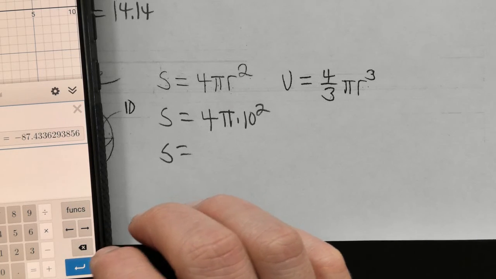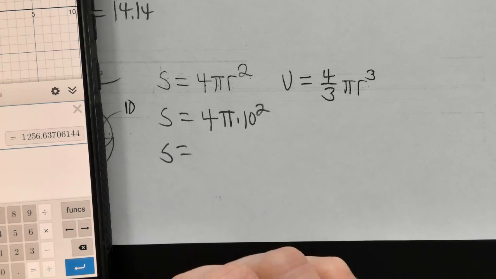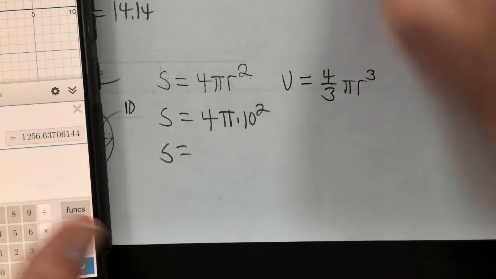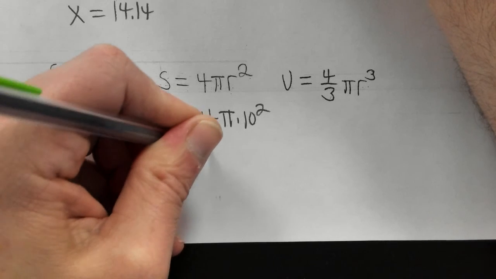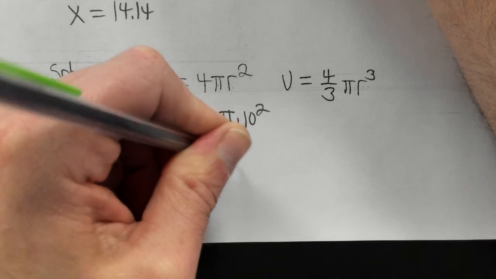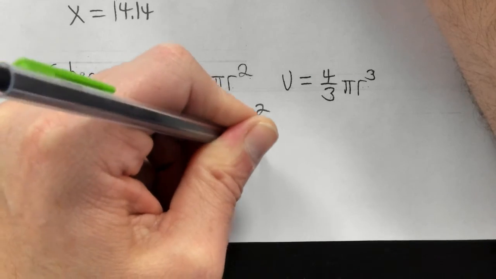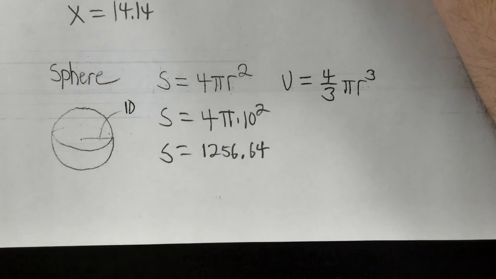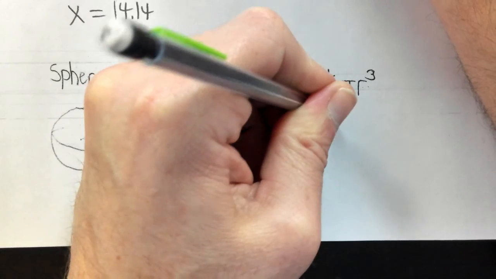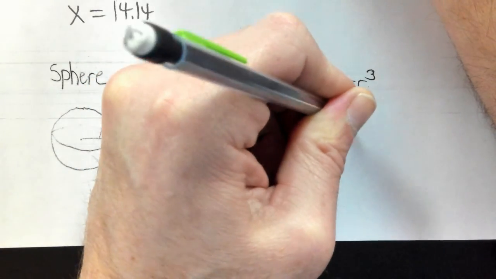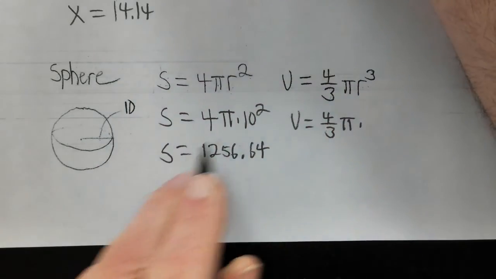Oops, hit the wrong button. 1256.64. So that's the surface area in square units.